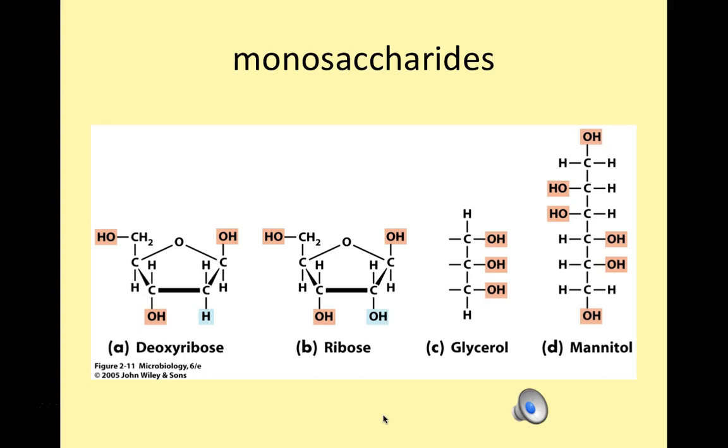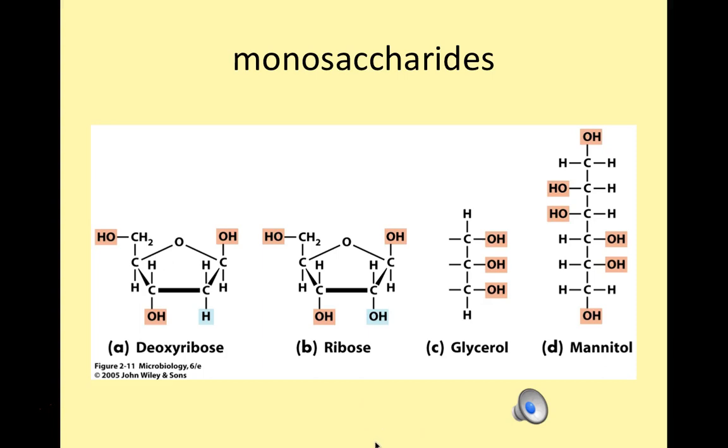The prefix that we use in chemistry to describe a molecule that's been reduced, or where we've placed a hydrogen in place of, let's say, a hydroxyl or an oxygen, is deoxy. So deoxyribose is the reduced form of ribose.